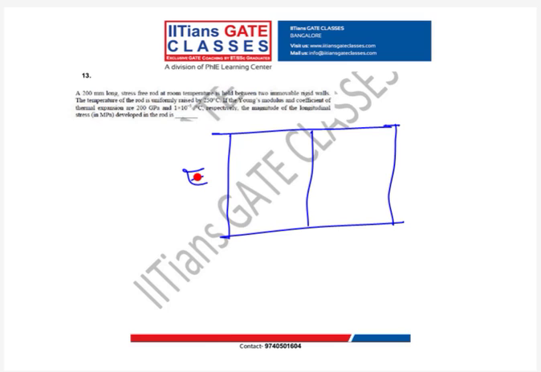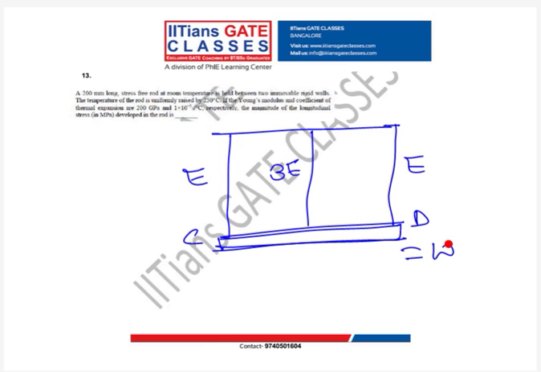So the outer one has E, the inner one has 3E. Now here there is one rigid link, and the weight of this rigid link is W. Since it's symmetric, it will go down. The load is distributed uniformly, so all 3 will have the same deflection.